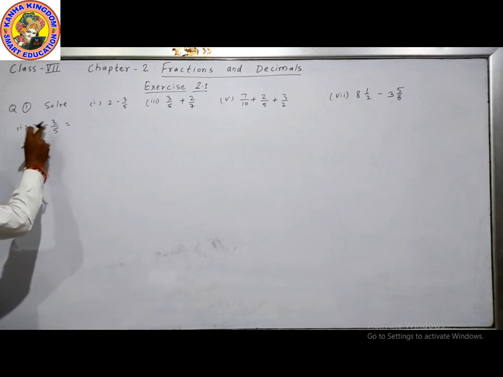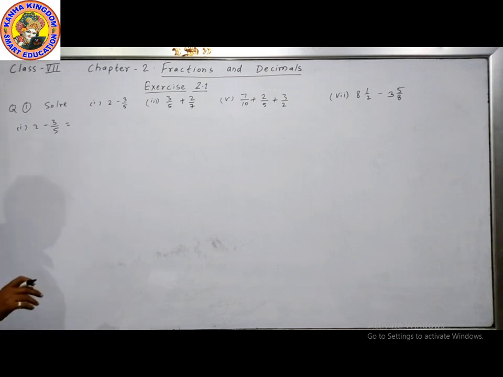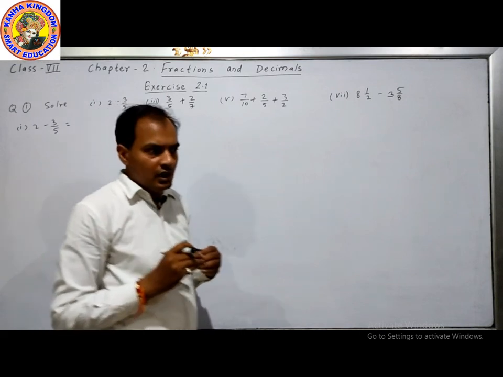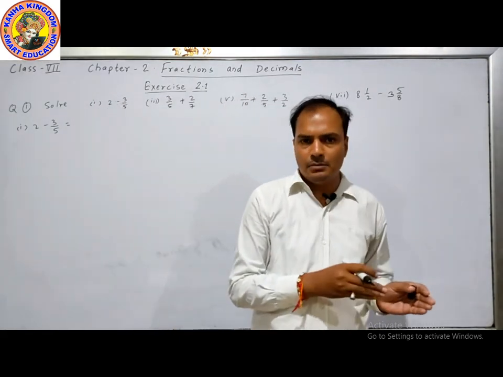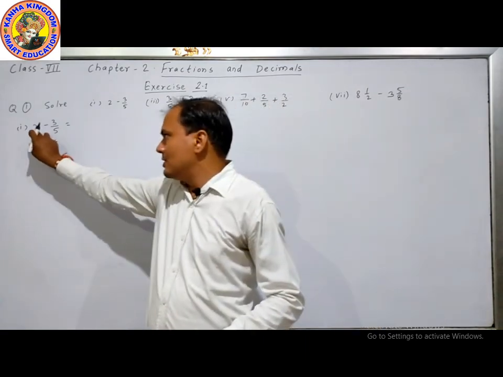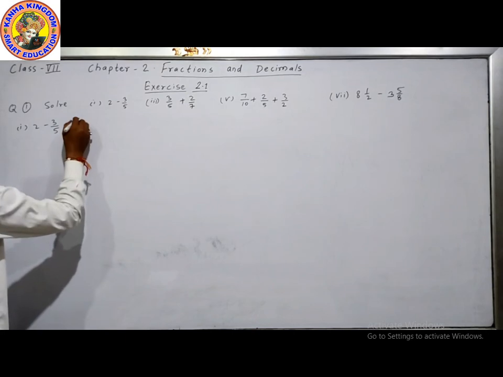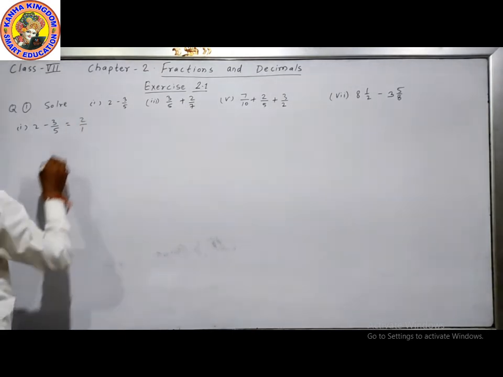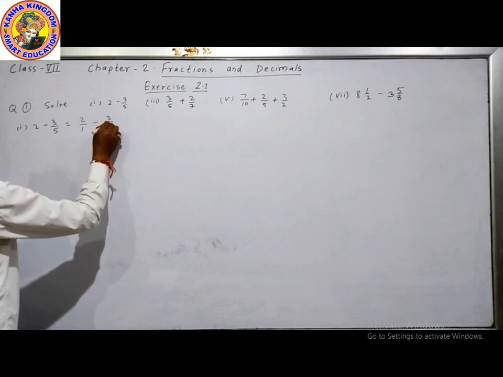This is an integer number and this is a fraction number. We can add or subtract in integer numbers or in fraction numbers. So we can change this integer number into a fraction number. So we write down 2 by 1 minus 3 by 5.